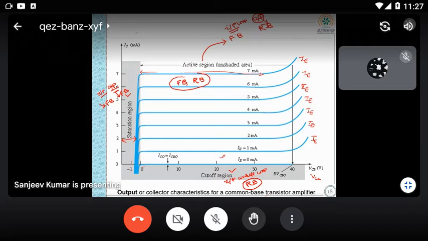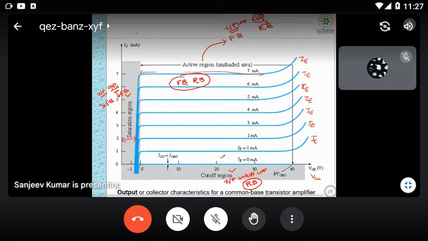So if you are taking this biasing, then you can see this unshaded region, this is known as active region. So this active region you are obtaining when you are doing input forward biasing and output loop reverse biasing.